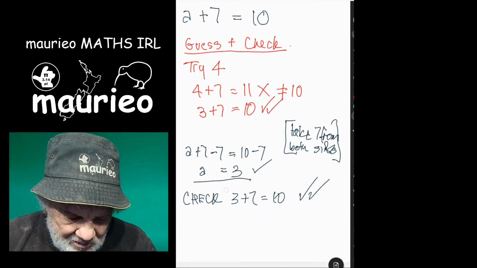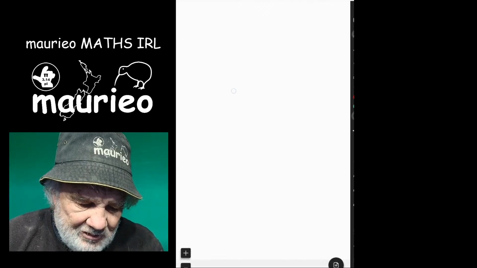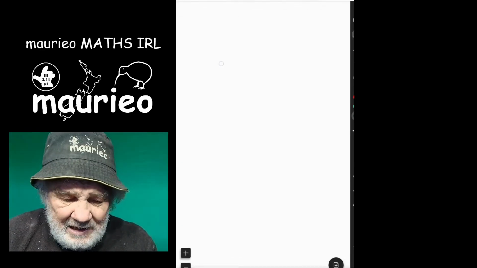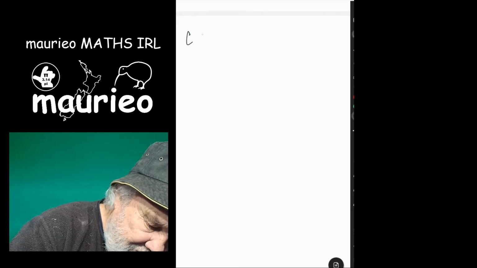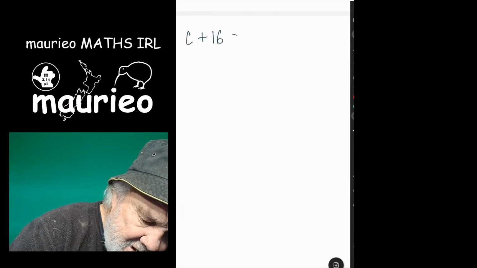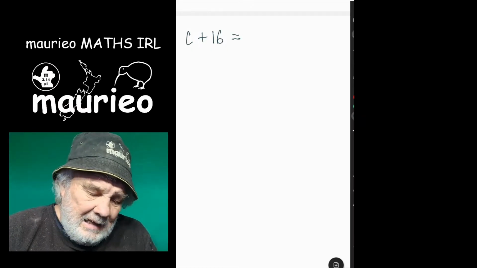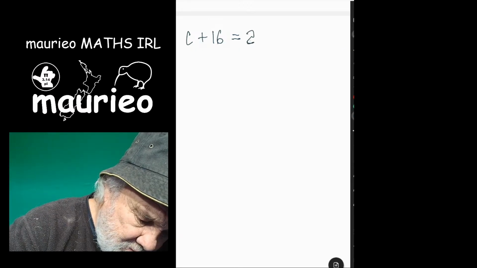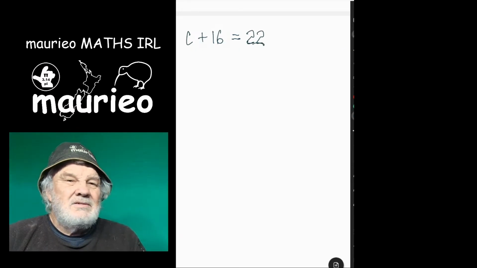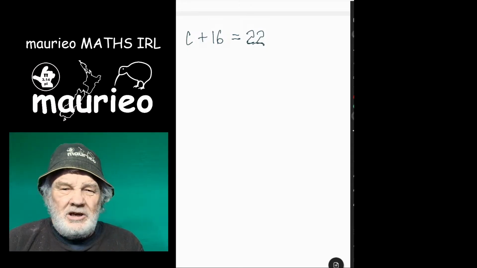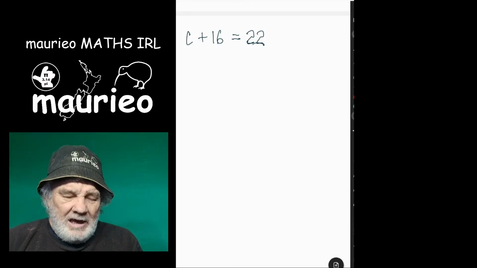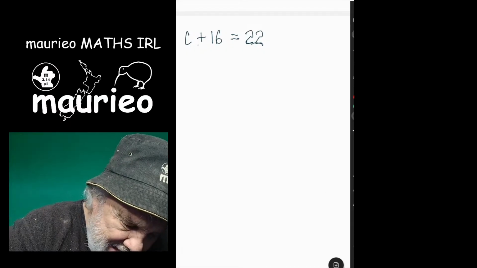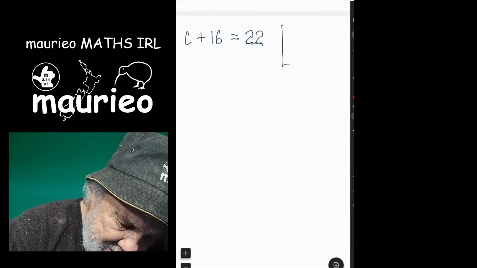All right, let's try another one. Let's say C plus 16 equals 22. How do we do that? Well, let's see, plus 16, so we'll take 16 off both sides.